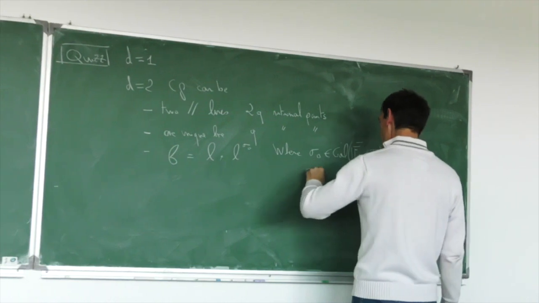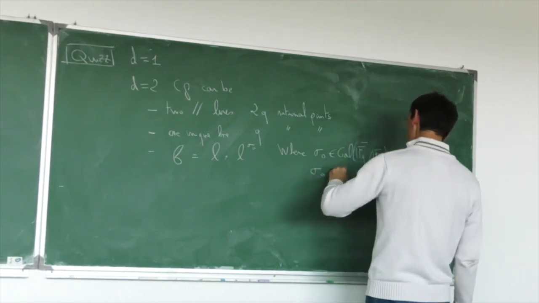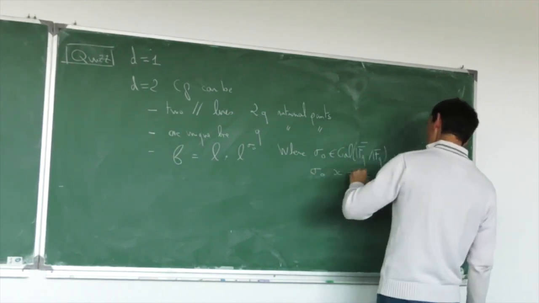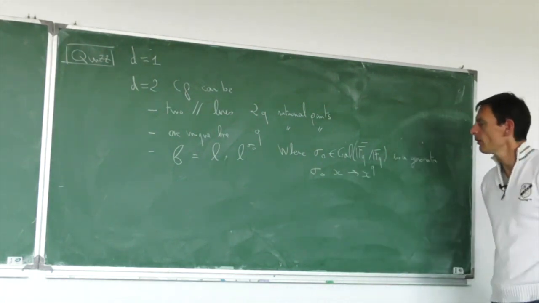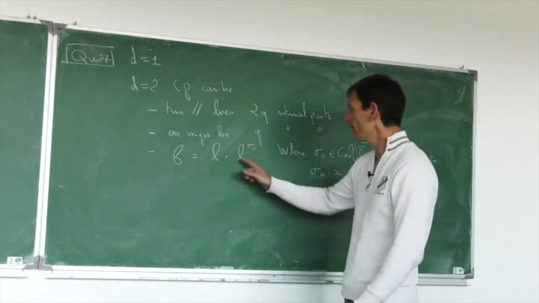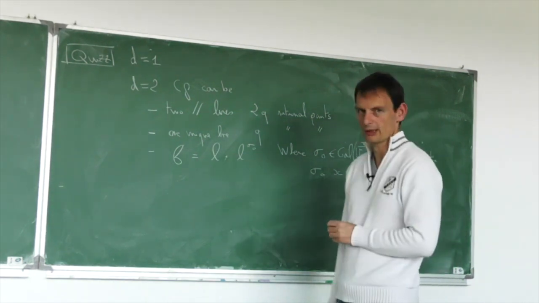It's quite easy, as I said, it's simply that x is mapped to x^q. All right. So you have two lines like this which are conjugated.